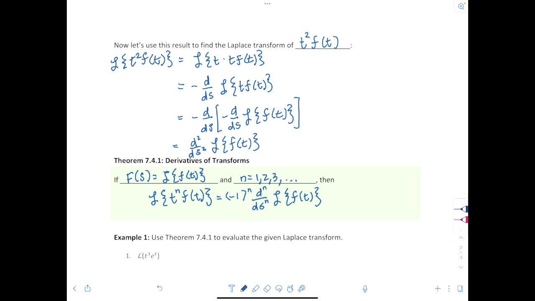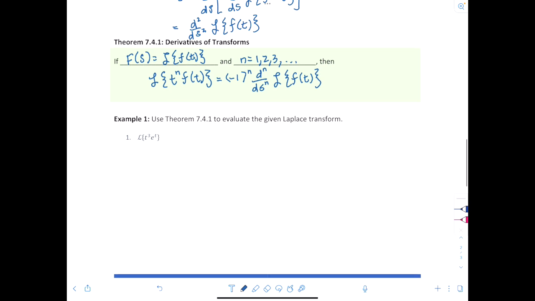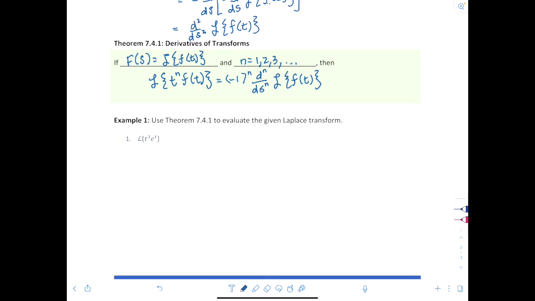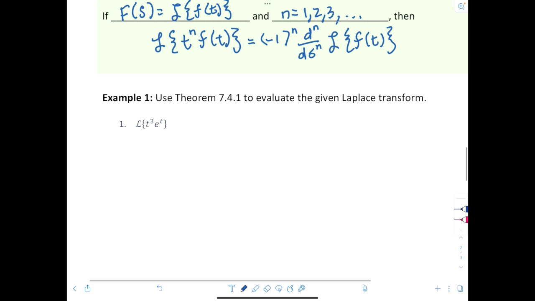All right. So now let's look at our first example. We're going to use this theorem to evaluate our Laplace transform that's given. So looking at this guy, we've got t cubed e to the t, right?